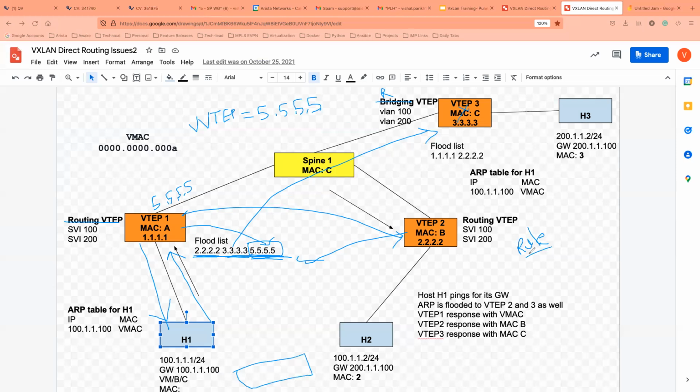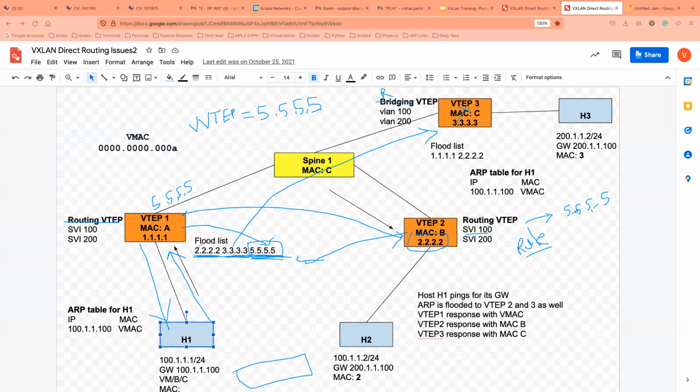The rule is: any VTEP that receives the ARP request for the gateway IP will only reply to that ARP request if it is received with the outer destination VTEP IP 5555.